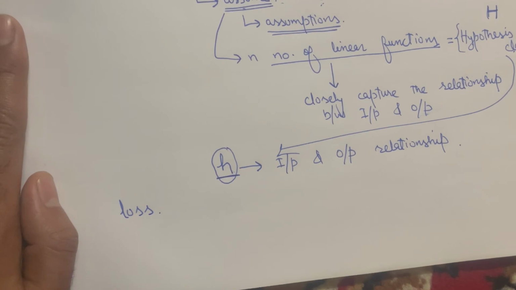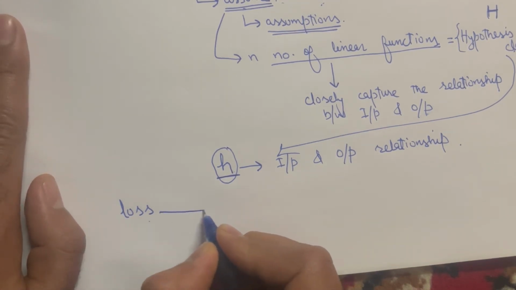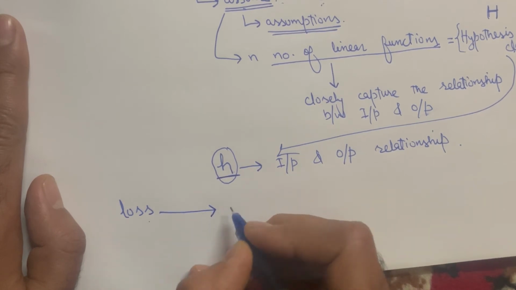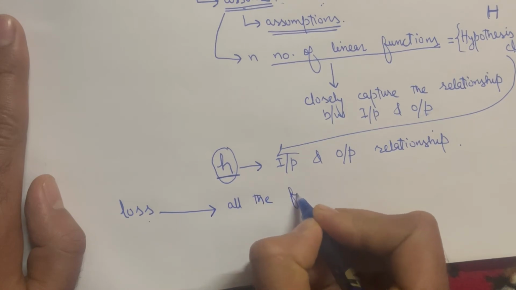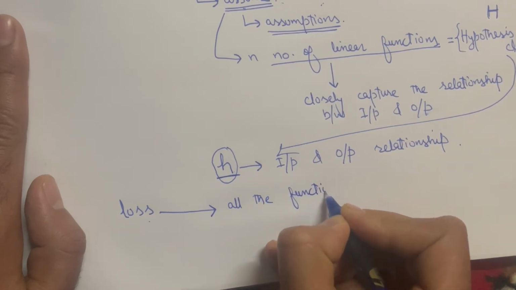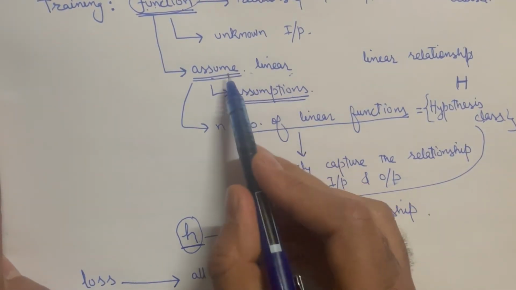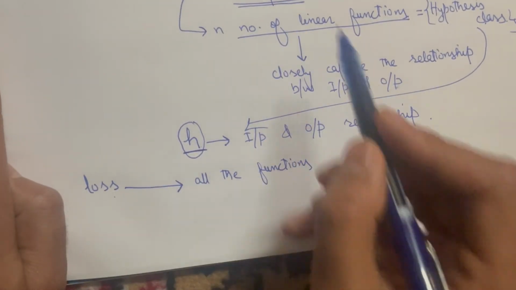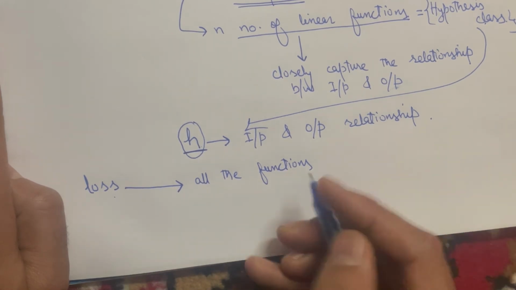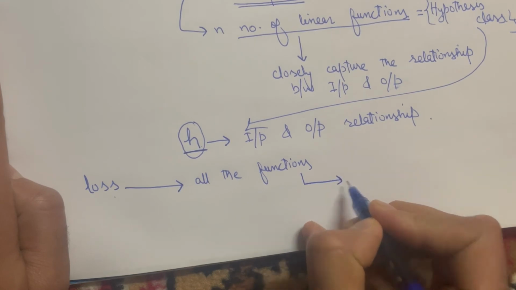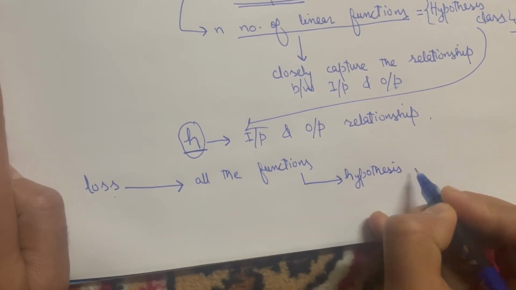I will say what this loss is. Then we will find the loss of all the linear functions. Why linear functions? Because we assume the relationship is linear. So we will find the loss of all the functions, then from these functions we will choose a hypothesis that has the minimum loss.